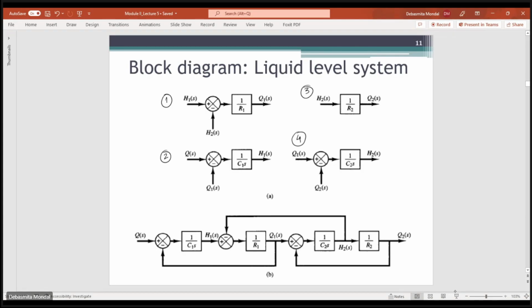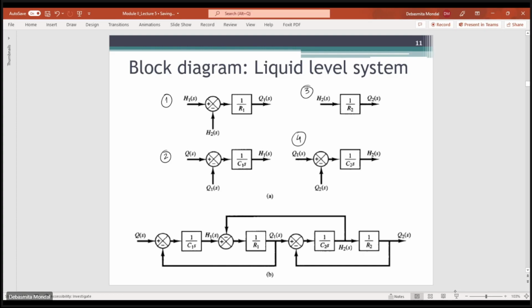Now here in this part of the block, Q2 is coming over here, so you will just connect Q2 to this block after this Q1. So this completes this loop, and here there is H2. So H2 will come from this point. You can just connect it over here and this is the overall block diagram of your system.